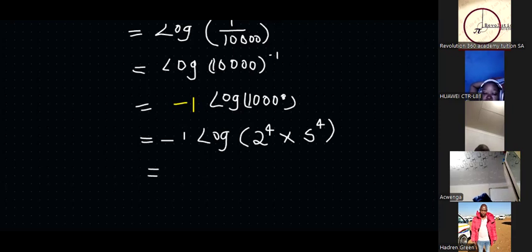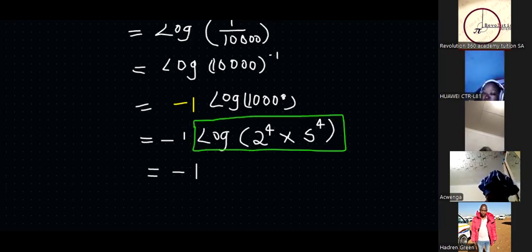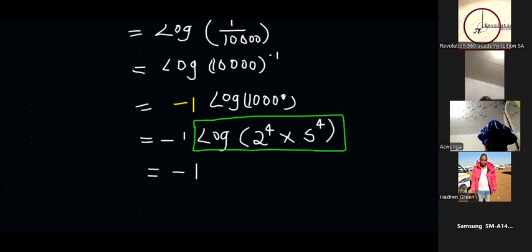And here you must change this using law number 1. That's why I'm saying if you're going to use this one, you must be very careful because you must understand law number 1.